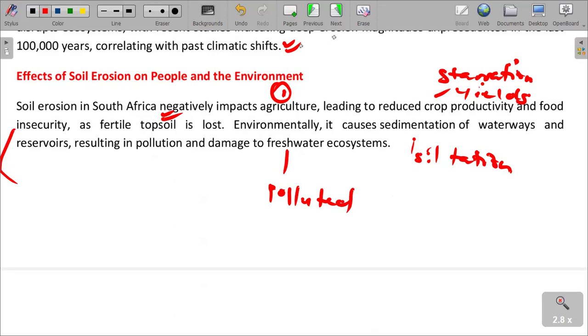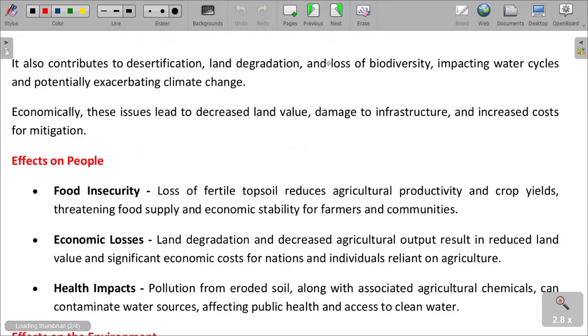But let's go and check another one. It also contributes to desertification. Desertification is caused by erosion, where topsoils are washed off and the soil becomes infertile, adding to loss of biodiversity and loss of vegetation, which gradually results in desertification and land degradation.